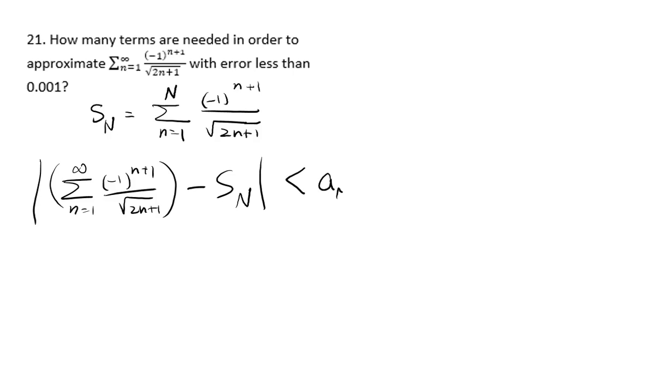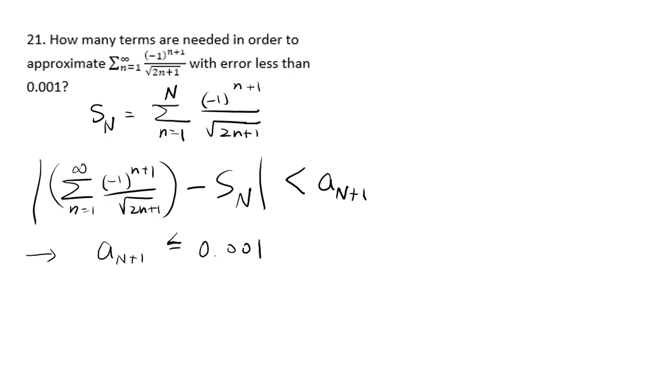So a_(N+1) is the maximum error between the Nth partial sum and the actual value of the sum. Using this formula, we want a_(N+1) to be less than or equal to 0.001.